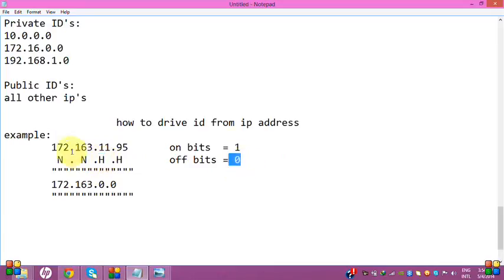When we multiply 172 by 1, we get 172. Similarly 163 multiplied by 1 is 163.